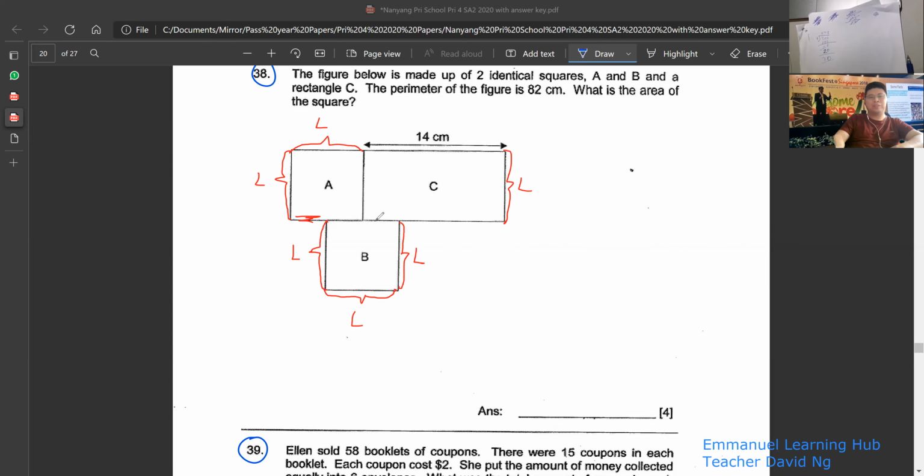Do you notice the blue part here is only half? The blue part here is also here. You agree, right? It's half of the square. Okay, so can I say the blue part here and this red part here add together is 14?